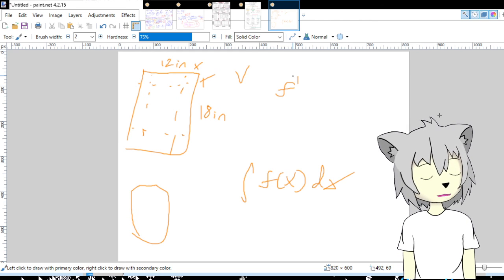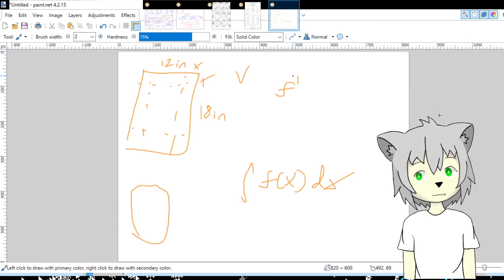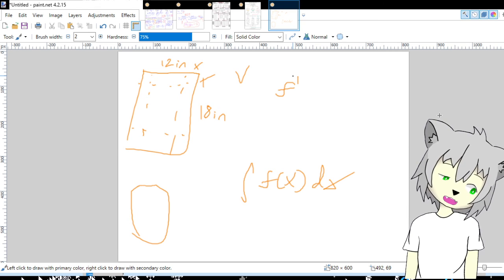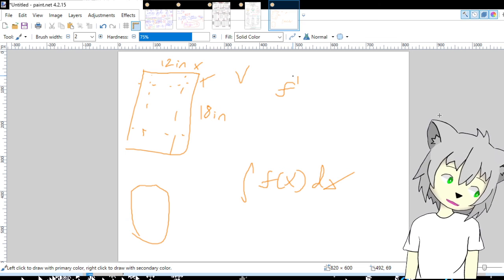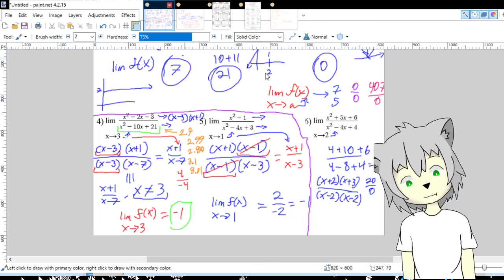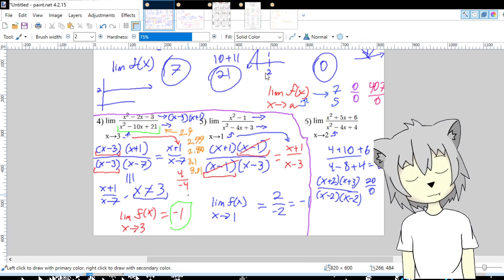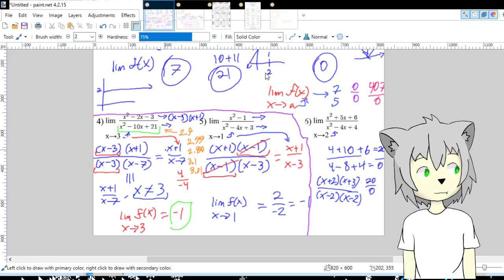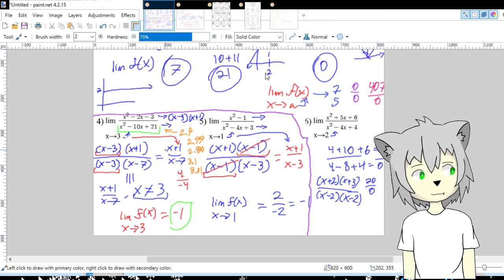If you guys are completely lost, then I probably need to delete this video and rethink my life. But if you're only confused about a few portions, like you understand how to do limits but don't understand conceptually why, if it cancels out, there's a hole and whatever, I could probably answer that.